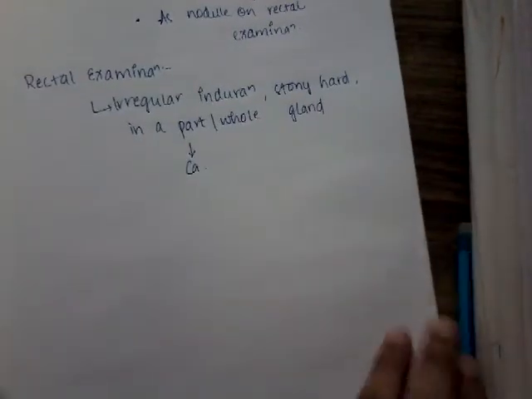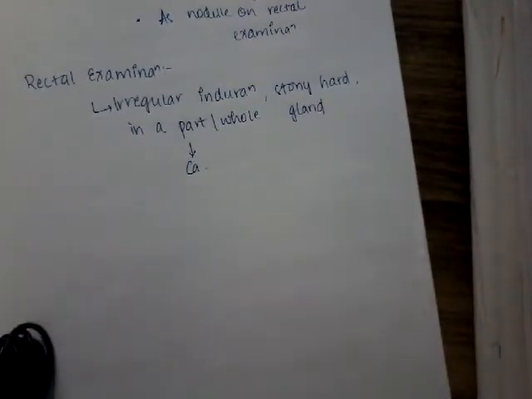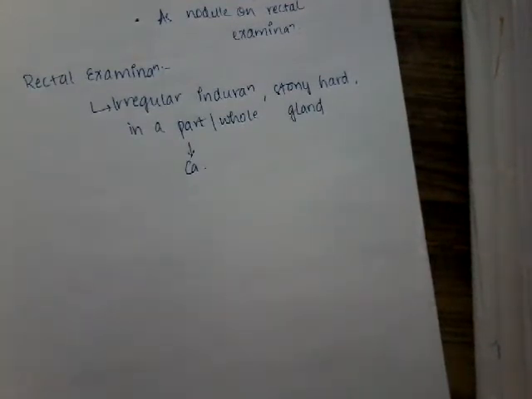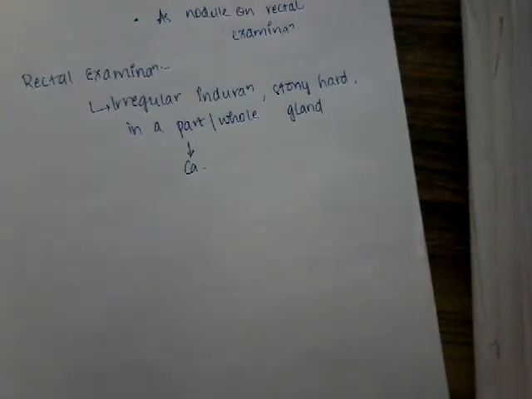Hello friends, in my last lecture I dealt with the clinical features of prostatic cancer and also started the diagnostic aspects of prostate cancer. When the person comes to you with an incidental finding of prostate cancer or with the symptoms of prostate cancer, then you will have to do a rectal examination.